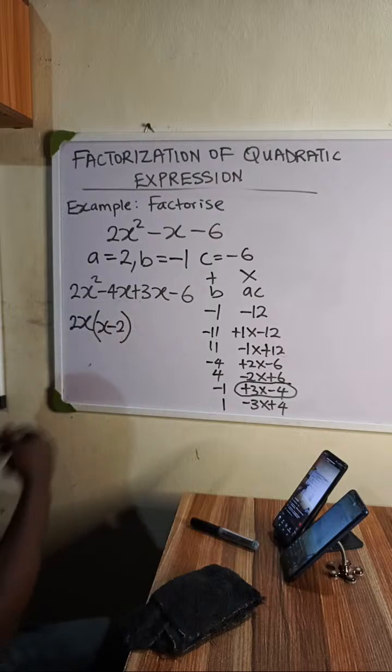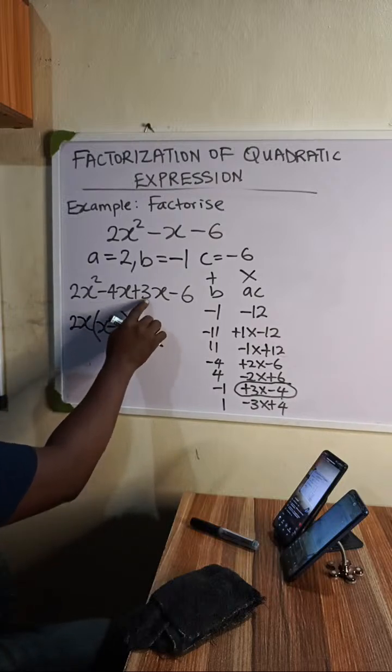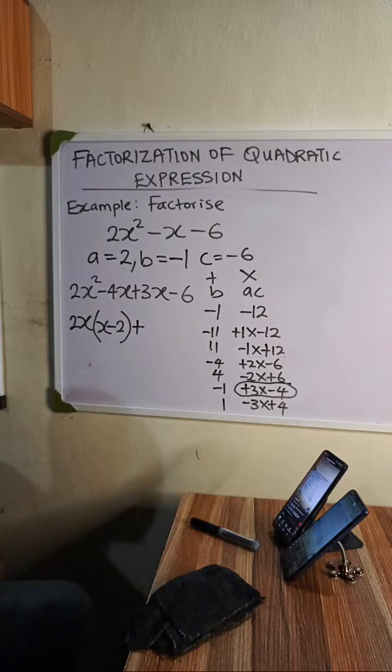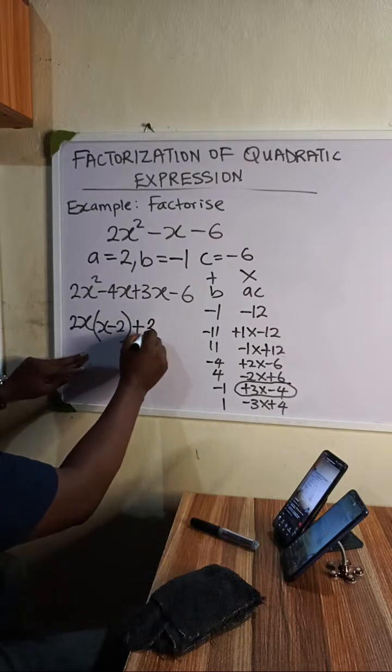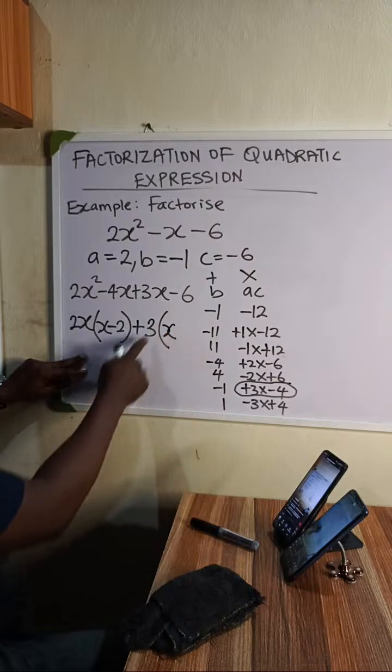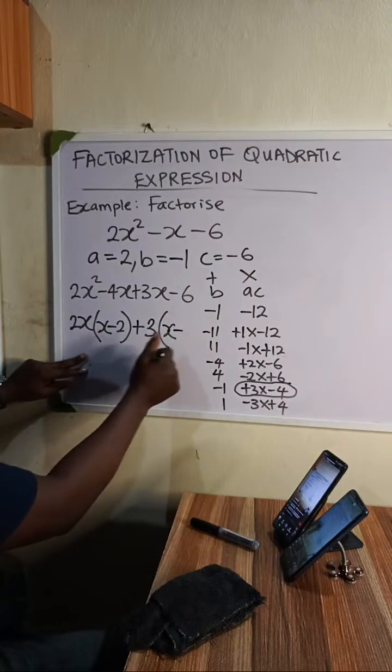We bring the plus sign down. 3x minus 6. What is common is 3, correct? And then 3x divided by 3 will give us x. Minus 6 divided by 3 will give us 2.